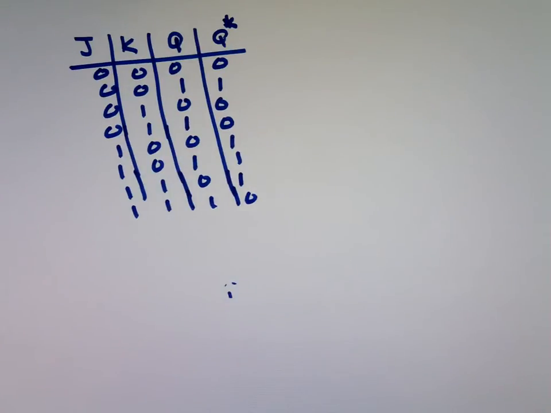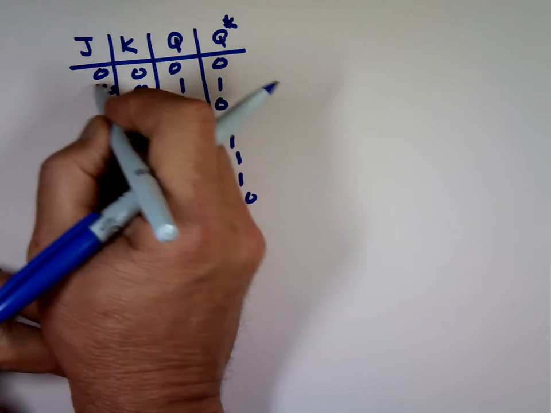Now I want you to look backward. To go from 0 to 0. Let me just draw a line so I know which one's which.